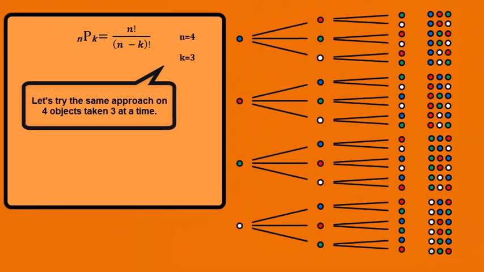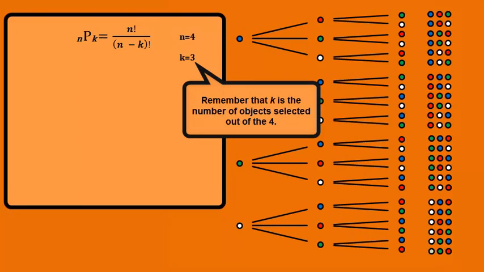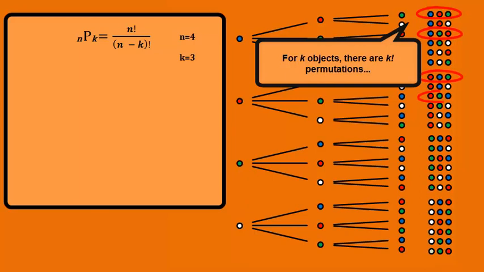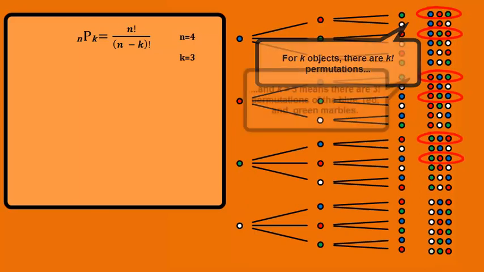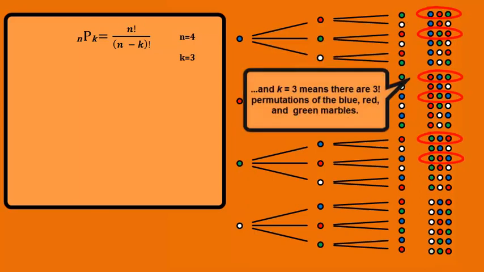Let's try the same approach on 4 objects taken 3 at a time. Remember that k is the number of objects selected out of the 4. For k objects, there are k factorial permutations, and k equals 3 means that there are 3 factorial permutations of the blue, red, and green marbles.